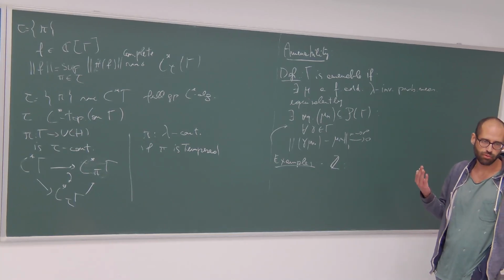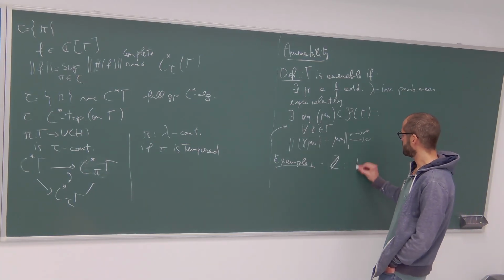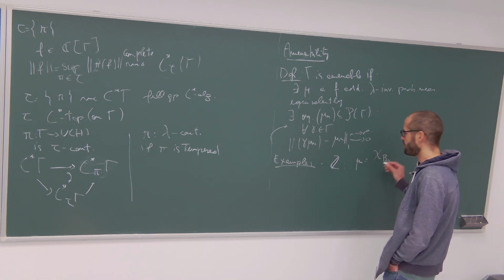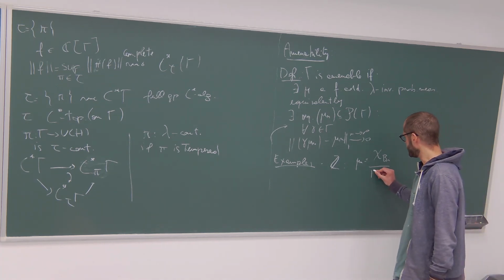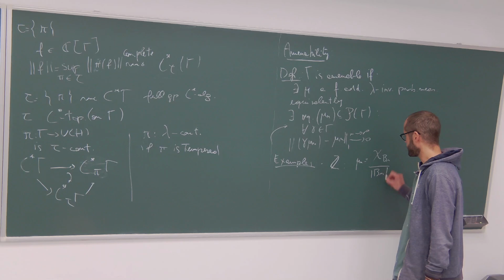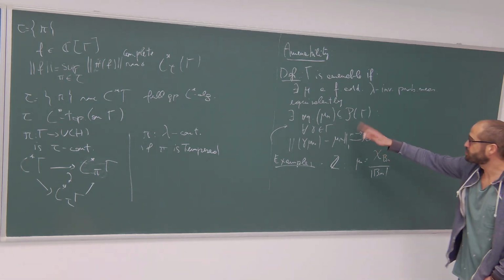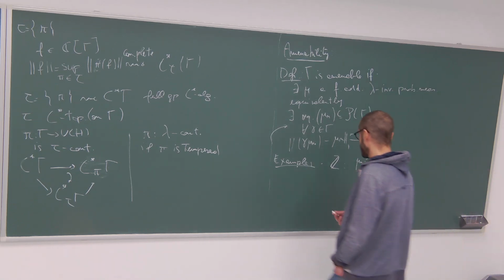It's an L1 function for the counting measure. And in this case, we can take mu n to be just the characteristic function of the ball of radius n, divided by its cardinality. One can check that these are called approximately invariant means. This is actually such an object.